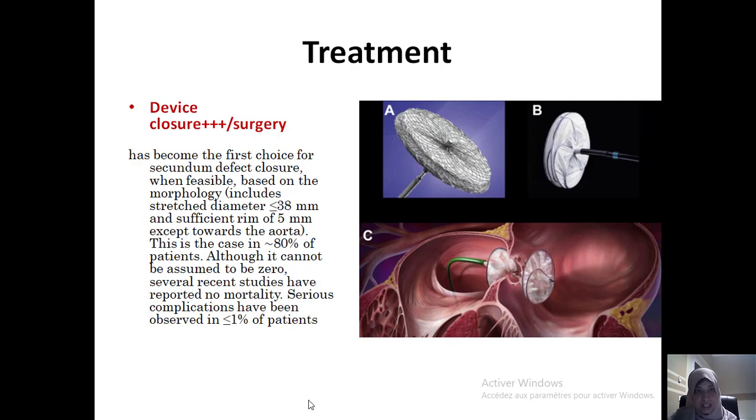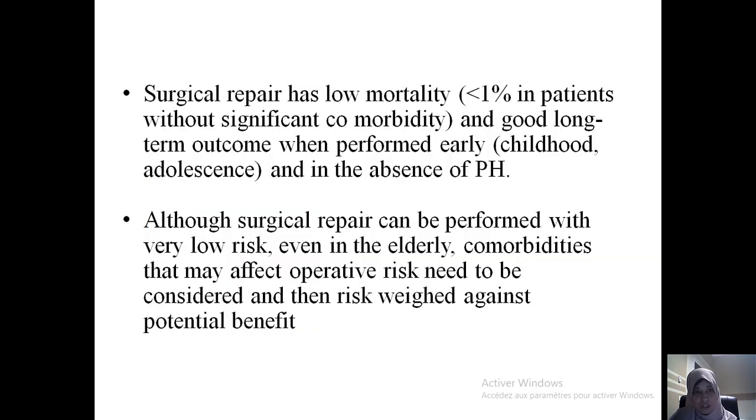Device closure has become the first choice for secundum defect closure, when feasible, based on the morphology that includes a defect diameter less than 38 mm and a sufficient rim of 5 mm except towards the aorta, and this is the case in about 80% of patients, although it cannot be assumed to be zero. Several recent studies have reported no mortality. Serious complications have been observed in less than 1% of patients.